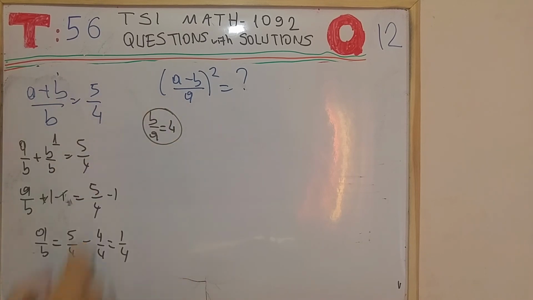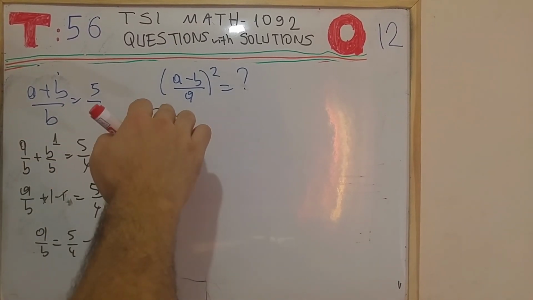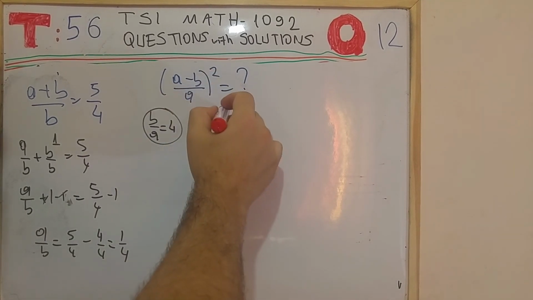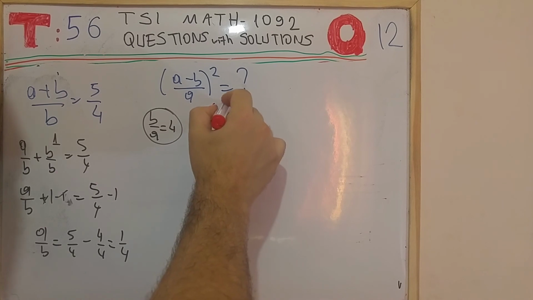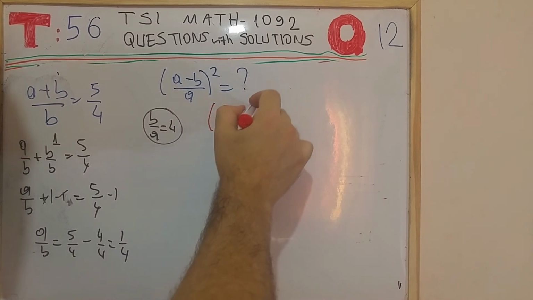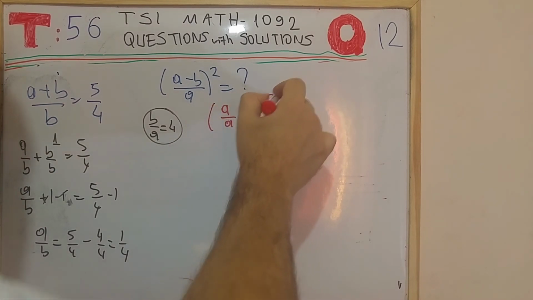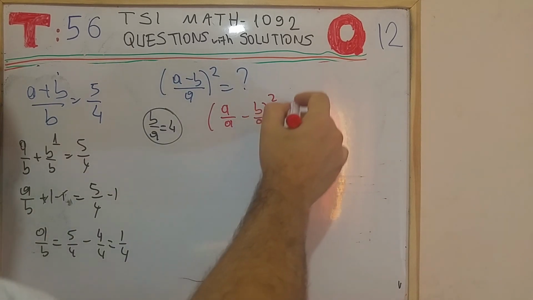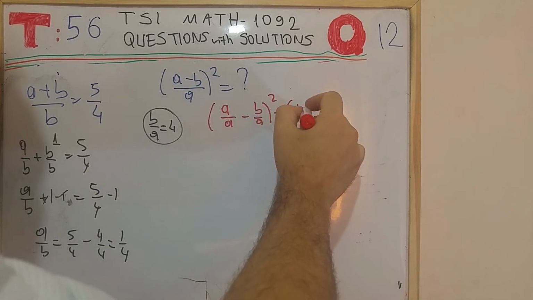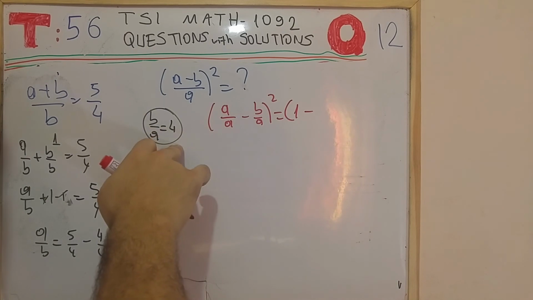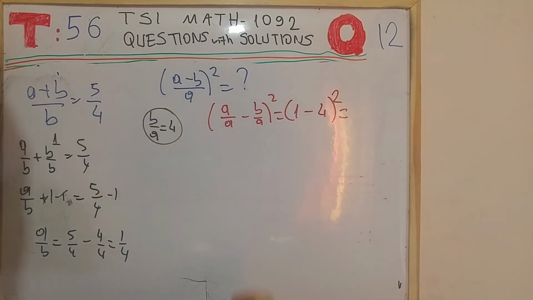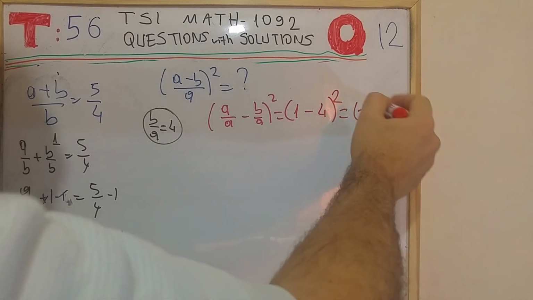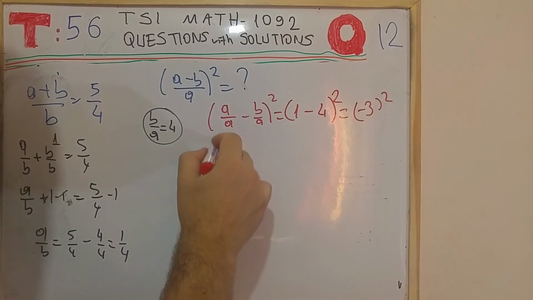Let's keep this in mind. And now jump to the second part of the question. Now what I have here is a minus b over a's square could be written as a over a minus b over a's square, which is equal to a over a is equal to 1 and b over a is 4. Therefore, this is 1 minus 4 square, which is equal to minus 3's square, which comes out to be 9.